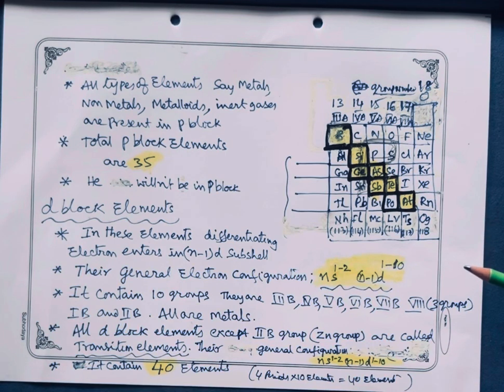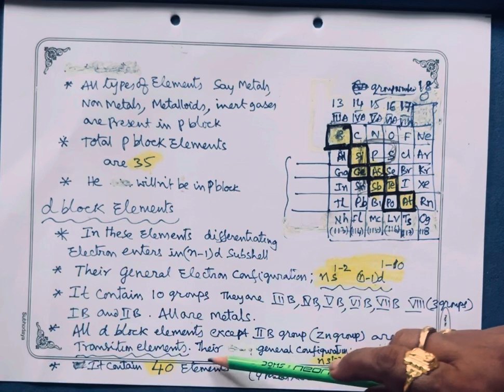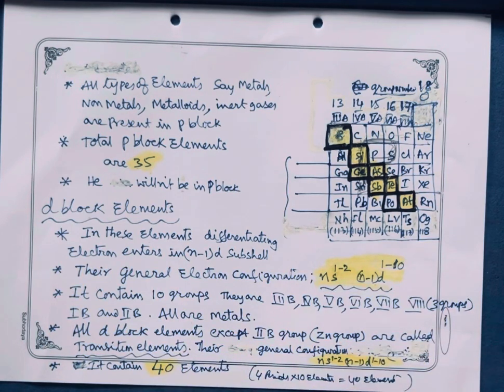For transition elements, the outer d subshell should be partially filled. Only such elements are considered transition elements. As the zinc group has 3d10, 4d10, 5d10, except the zinc group, the remaining d block elements are called transition elements.